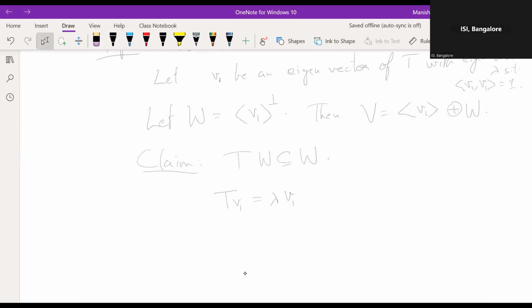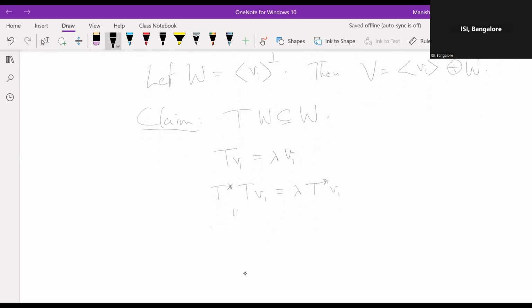If I apply T star to it, then T star T V1 is lambda times T star V1. But T star T V1 is also T T star V1.